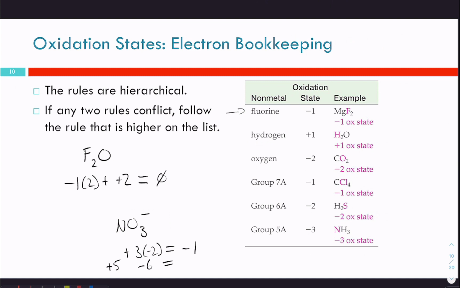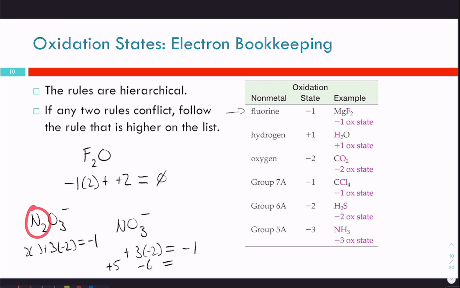If there was a compound like N2O3-, we would still have 3 times a -2. We still have to equal -1 here, but now we have 2 nitrogens. So each nitrogen is actually going to have half of the charge of our previous compound. There's a couple ways that you could look at this.